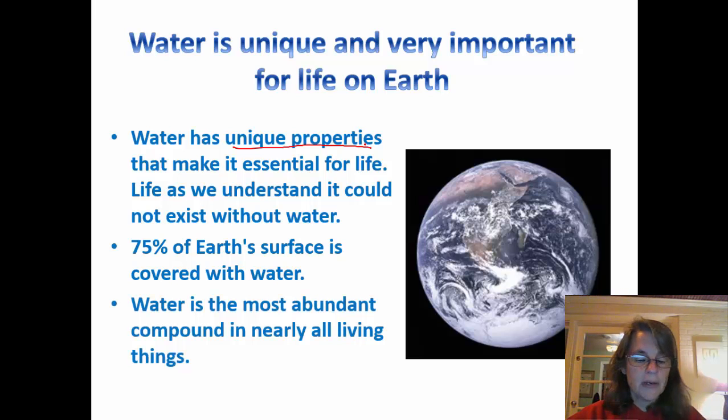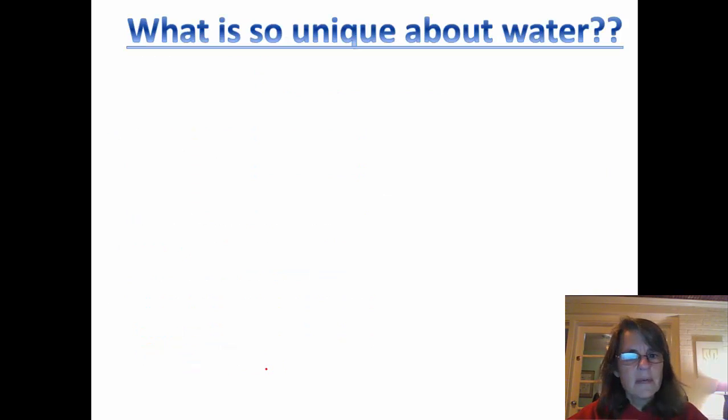Water is the most abundant compound in nearly all living things. Humans, on average, I think are somewhere around 62% water, maybe a little higher, a little lower, depending on age, gender, things like that. So what is it about water that makes it so special then?